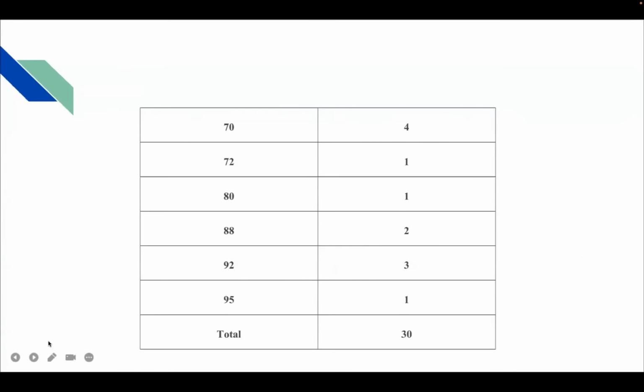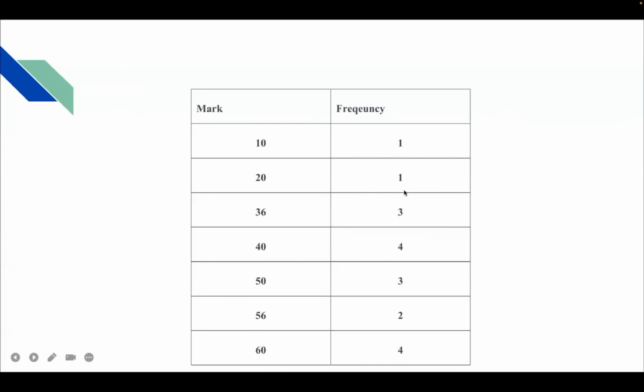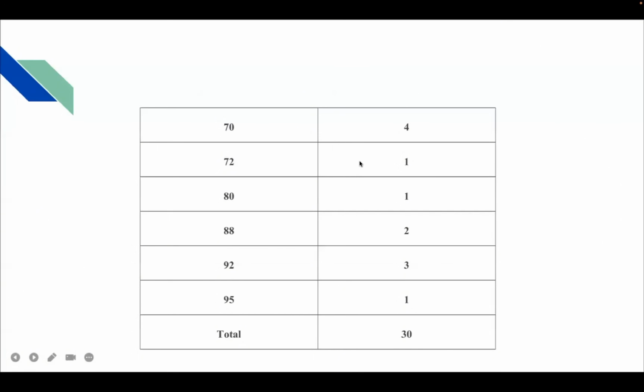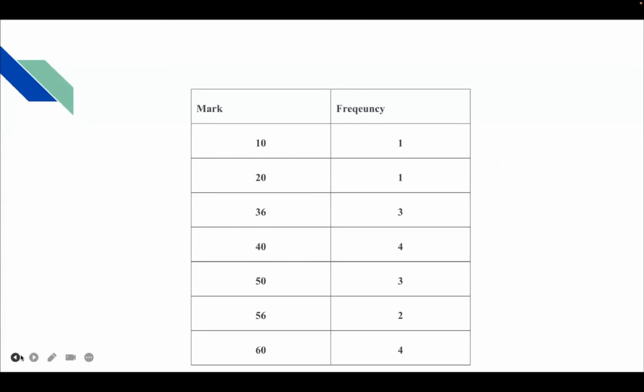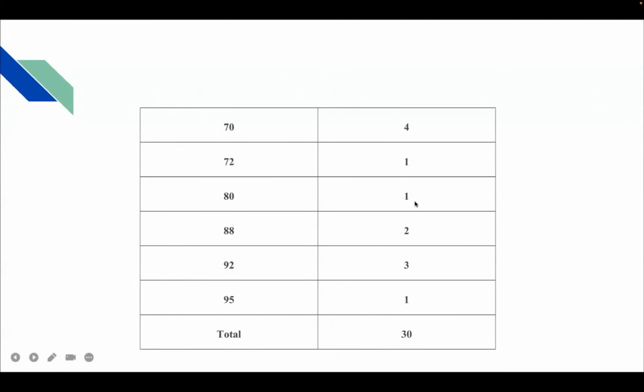So if you add the frequency, let's add it. So that will be 1 plus 1, 2, 2 plus 3, 5, 5 plus 4, 9, 9 plus 3, 12, 12 plus 2, 14, 14 plus 4, 18, 19, 20, 24, 26, and 30. 26 plus 3 plus 1, that's 30.